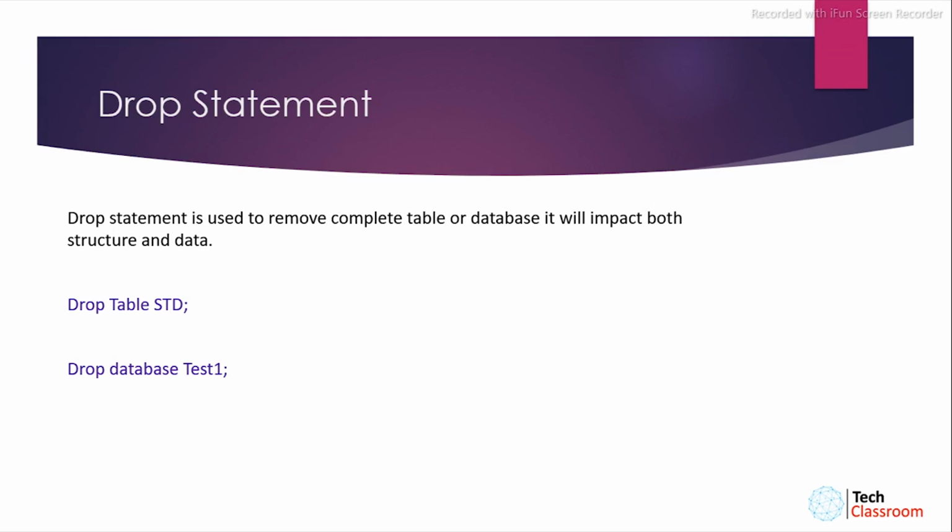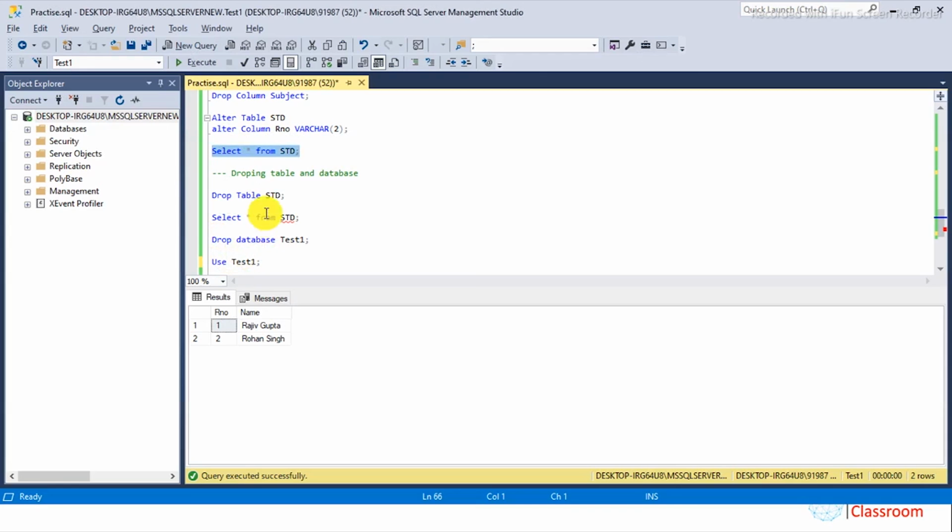We can use these commands, but make sure that this will remove both structure and data. If we remove that and need it in future, then we have to rework again. To drop a table, which holds this data, use drop table and the name.